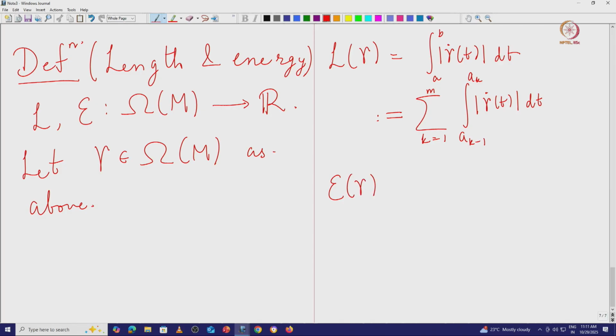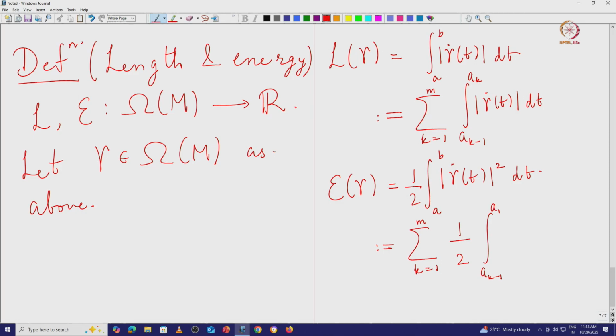Similarly, we define the energy functional which involves the square of the speed. And again what I really mean by this is this sum.